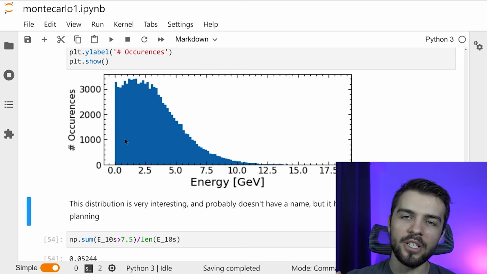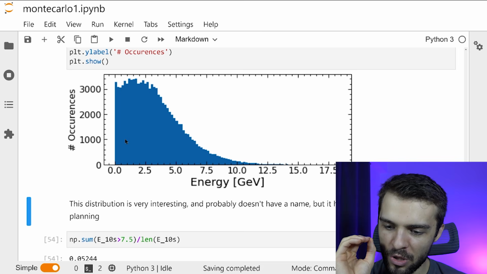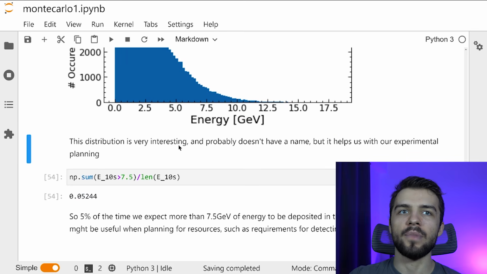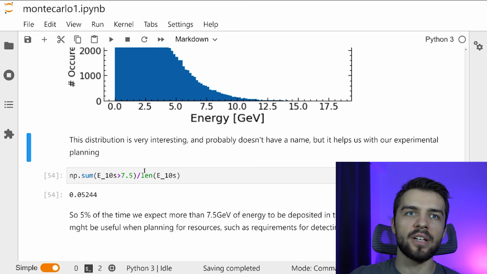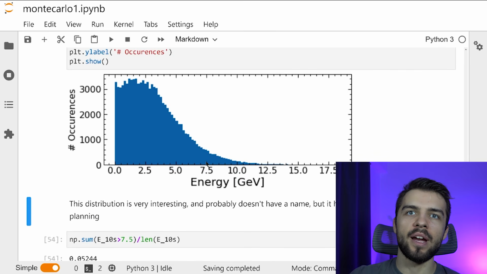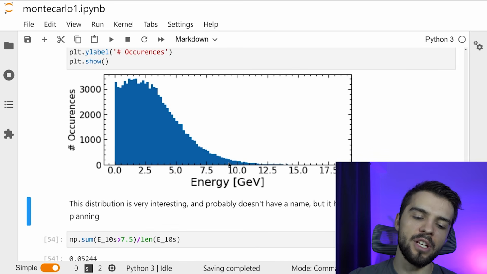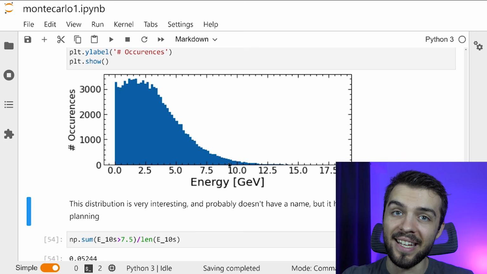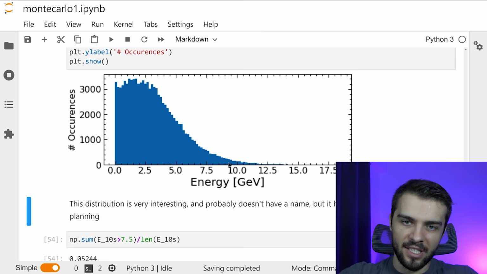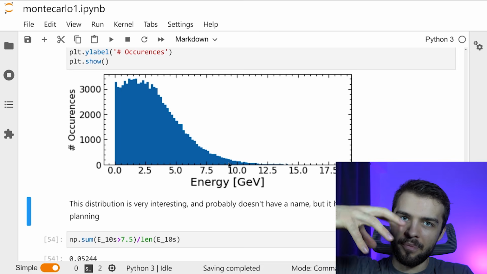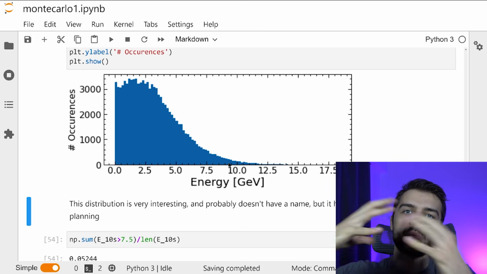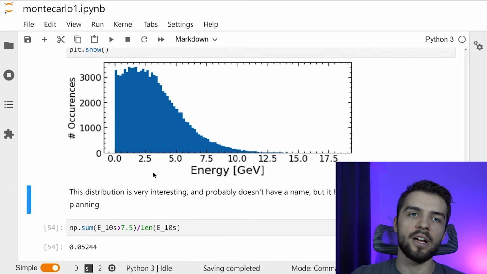Now, having run that Monte Carlo, we can then determine interesting things, for example, right? Let's look at how much of this histogram is above 7.5 GeV of energy, because maybe we really don't want high energy deposited in a detector cell every 10 seconds because the detector, maybe there's a certain amount of material that can be ionized and it needs to refresh or whatever, so you can't have too much energy.